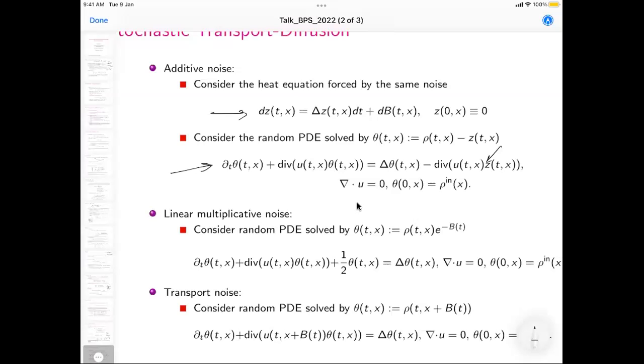That's the way it works, very roughly speaking. And also for linear multiplicative noise, you use this change of variable. And here you don't need any stopping time because it's much easier. If you do, then you get this equation. Okay. And same thing for the transport noise. If you do this change of variable, you will get an equation.